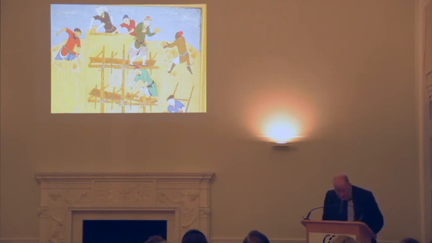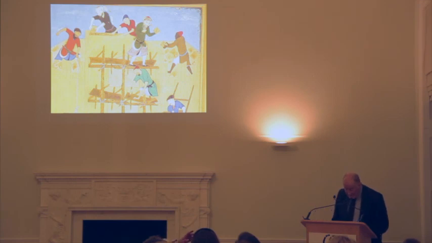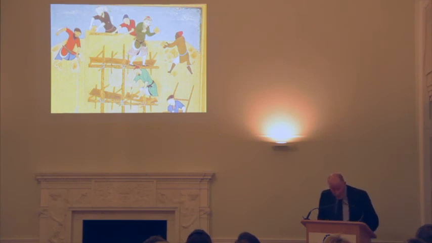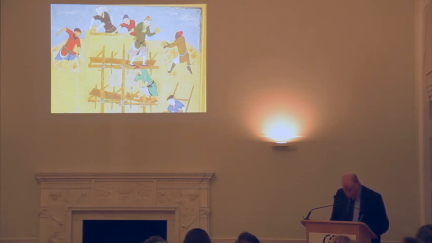Time to finish. What conclusions can be drawn from the evidence I've presented? The wider context of the paintings analyzed above, especially those from the Zafarnameh and the Khamsa, embraces numerous political, social, technical, even emotional issues. So naturally, it raises many more questions than I could tackle here.